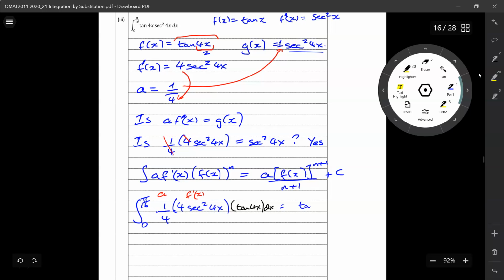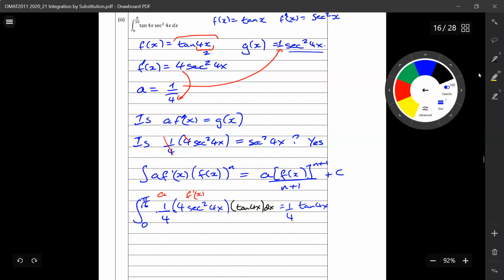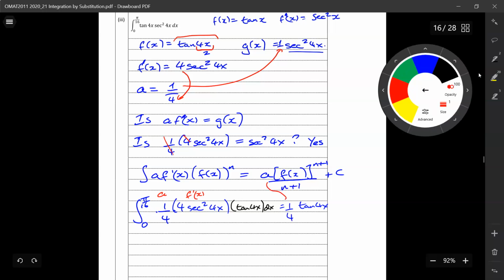That is equal to, a is a quarter, first of all, so I put the a in here as a quarter. I have tan of 4x, but I square that. It's originally to the power of 1, but we add 1 to that with the n plus 1, and I divide by the raised power, which gives me 2 up there, and we're going from pi over 16 to 0.